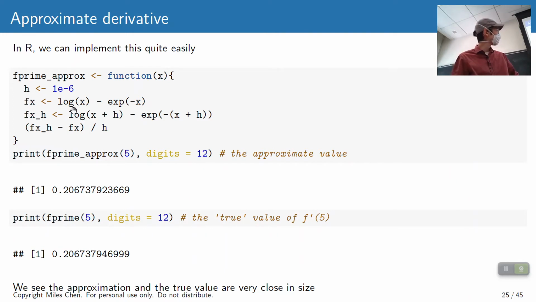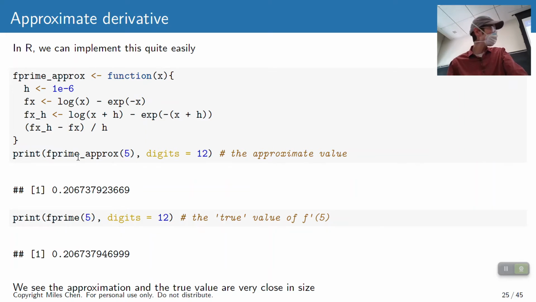F of x is log of x minus e to the negative x, and f of x plus h is log of x plus h minus e to the negative x plus h. I take the difference, f of x plus h minus f of x, divide by h, and return that.